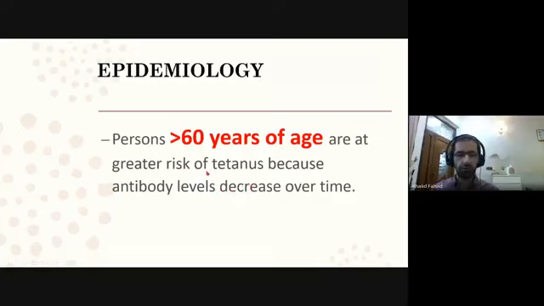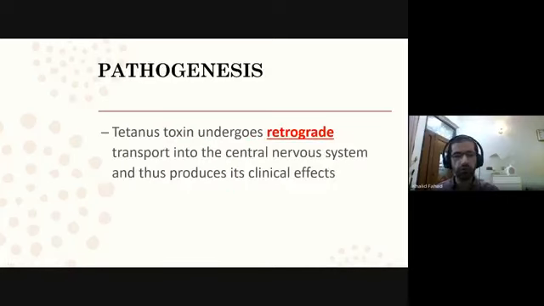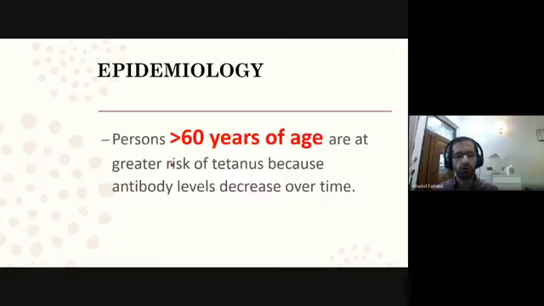So every person should have booster doses of tetanus vaccine every now and then to boost the immune response. So persons above the age of 60, this is a very important epidemiological point. It may also occur in neonates, what we call neonatal tetanus, because the immune response is not primed, ready for this disease.